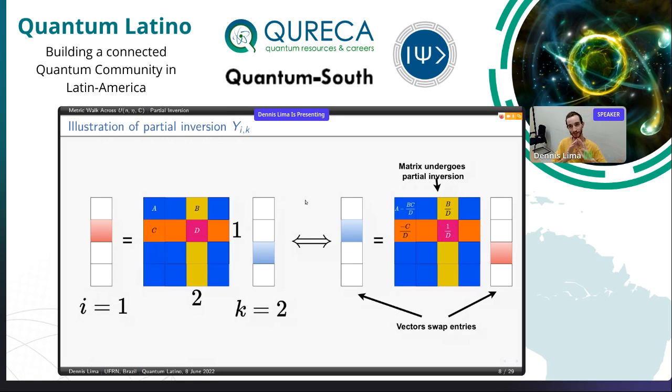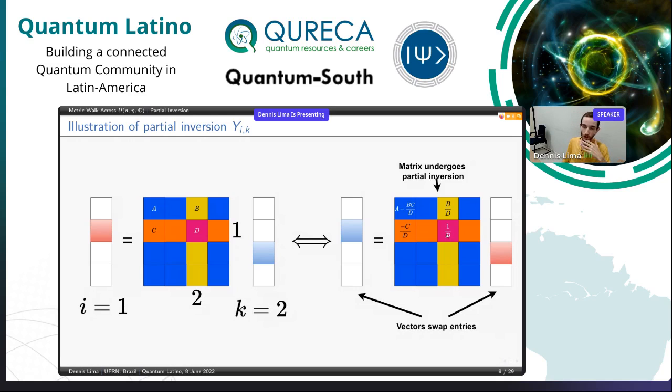These two systems are equivalent. This is just an application of solving the equation system for a new set of vector entries as input and output. This wasn't recognized as a group.